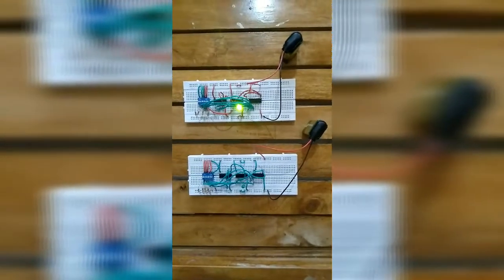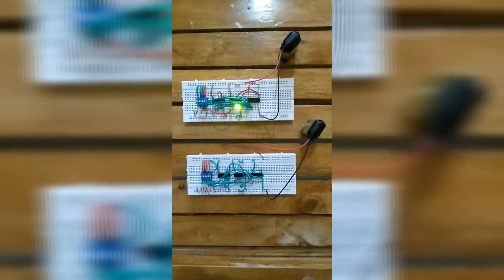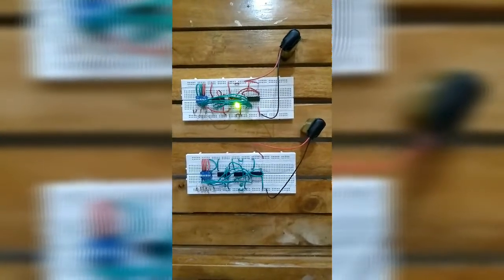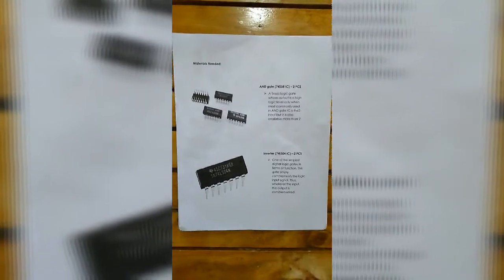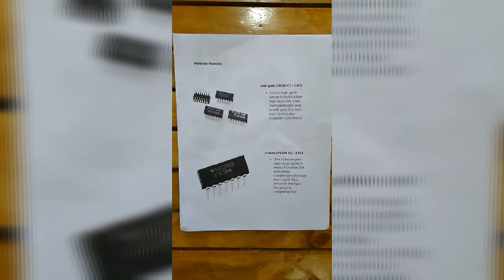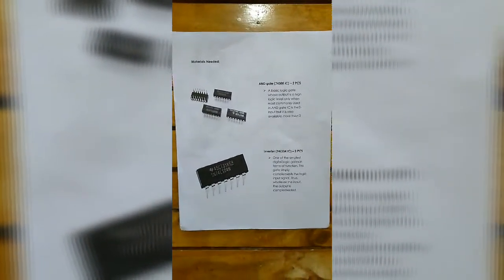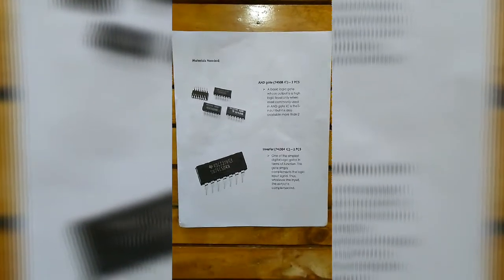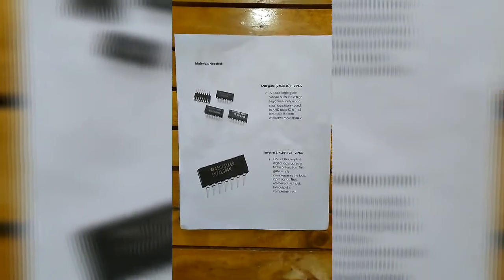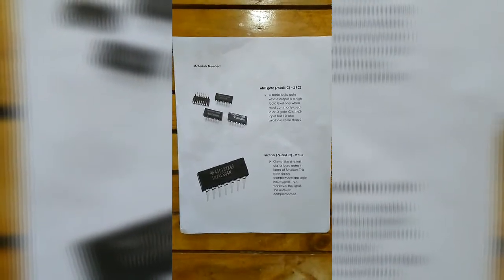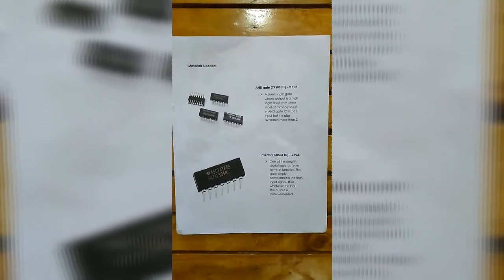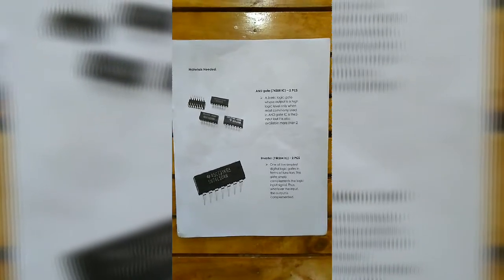First, I will introduce the materials that are needed in this experiment. The materials needed in the experiment, circuit A and circuit B, are: first is the AND gate or 74S08 IC. There are two pieces used.